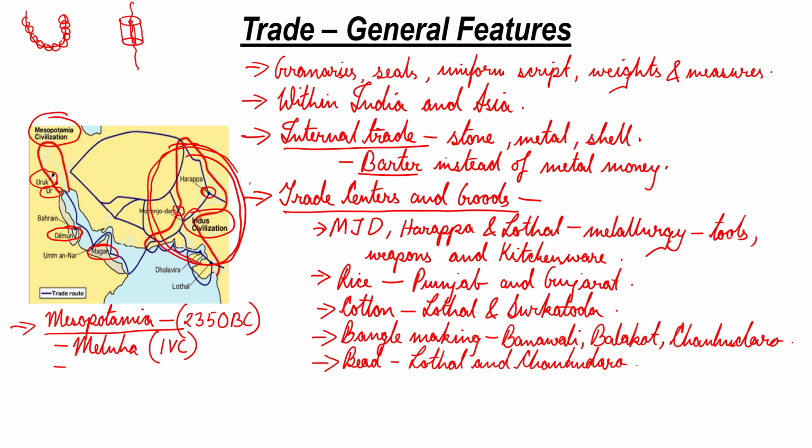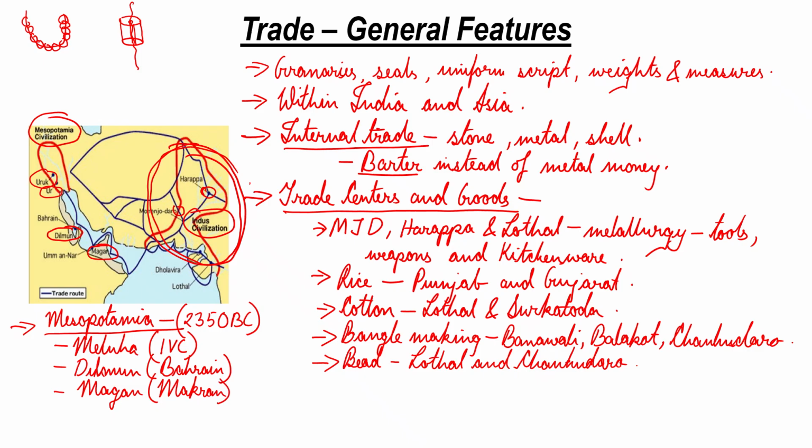Then we get evidence of another place called Dilmun. I had said in the beginning of this slide, Dilmun. What is Dilmun? Dilmun is the place of Bahrain, and also we get Magan, which is also called Makran, Makran coast.